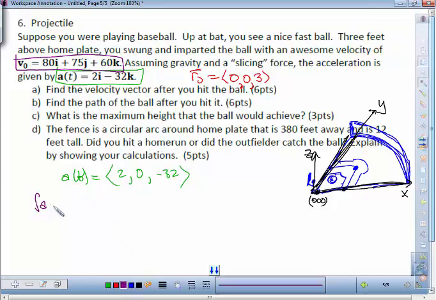The integral of the acceleration vector is the velocity vector, and the velocity vector is going to be 2t plus a constant. And then there's 0 there, so we have to acknowledge the constant that would come up in an antiderivative, because the derivative of a constant is 0. And then we have negative 32t plus a third constant.